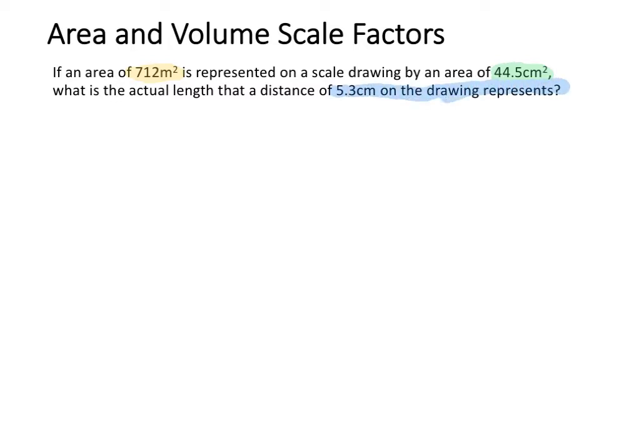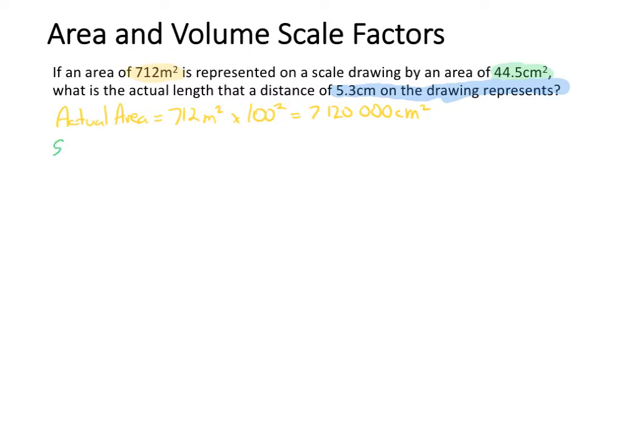To start off this question, I'm going to make a summary of what information I've been provided with in the question. So the first one is an actual area equal to 712 meters squared. Now I'm going to want to convert that into centimeters squared. So I'm going to times it by 100 squared, and that's going to equal 7,120,000 centimeters squared.